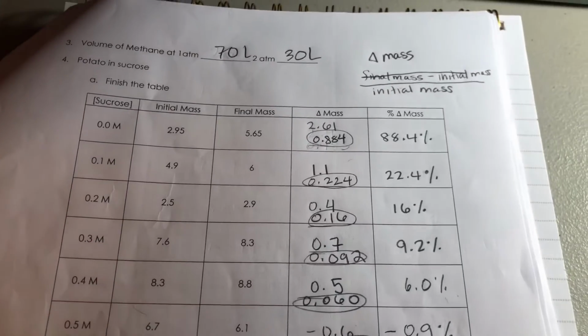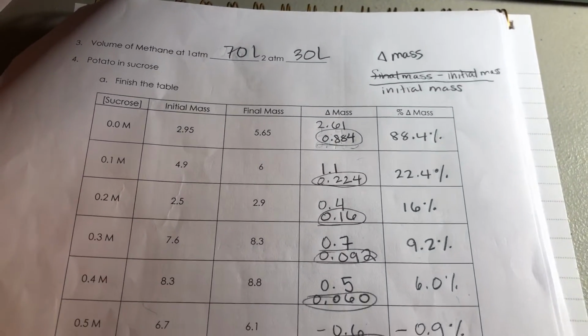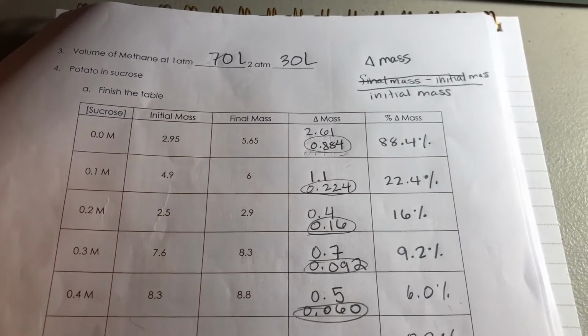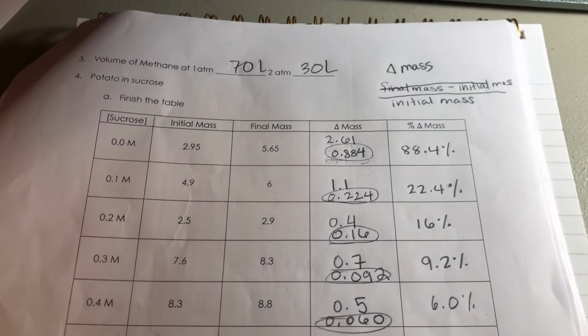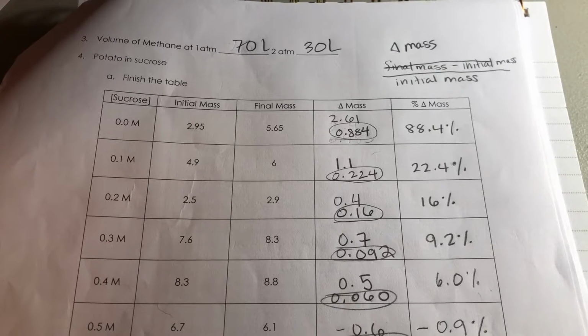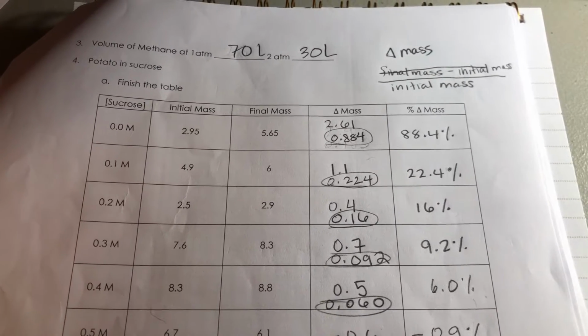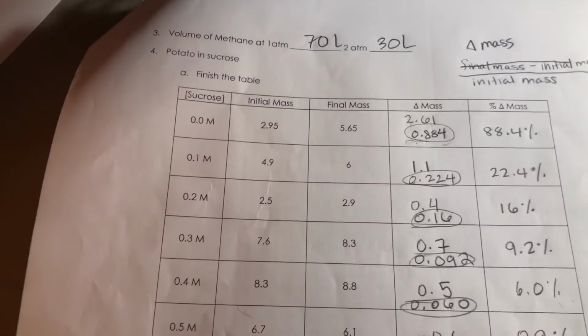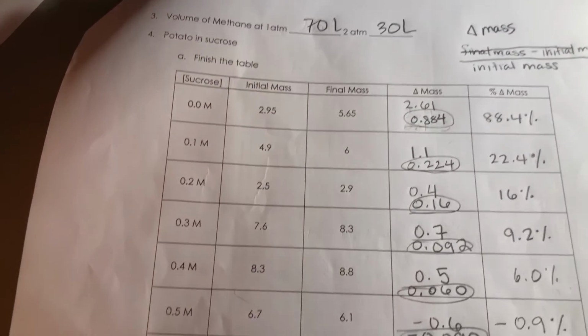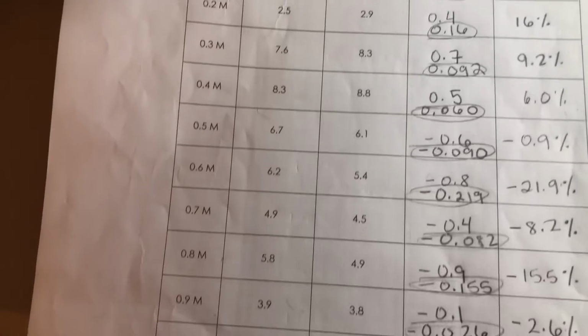Okay, so the first thing you want to do is identify what the independent variable is. The independent variable is what you have control over. This is what you're experimenting on, and this is what you have control over. In this case, you have control over these different concentrations of sucrose.